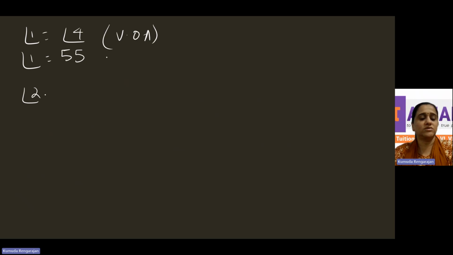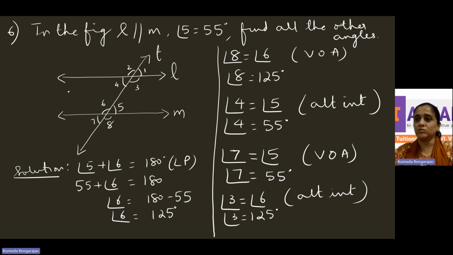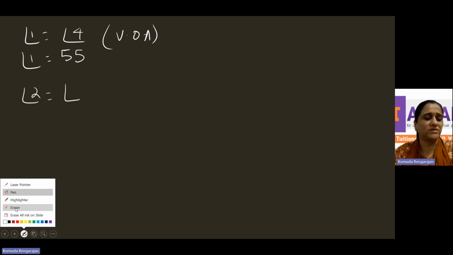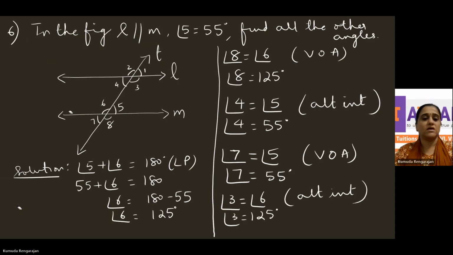Then angle 2 is equal to, anybody can say, angle 2? Angle 2 is equal to angle 3. Or say something else, not vertically opposite. Angle 2 is equal to angle 8. Harini, what's the property? Angle 2 and 8, what is the relation?